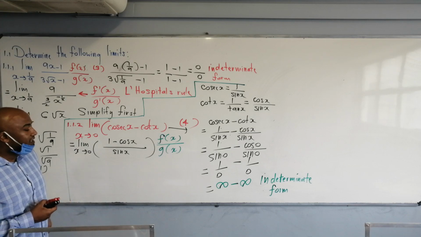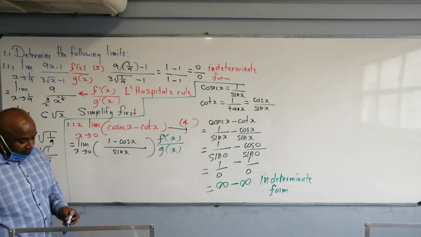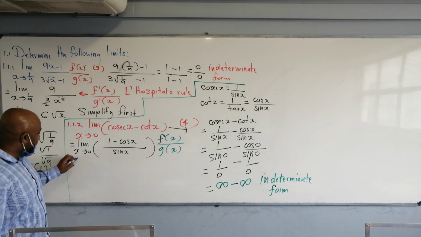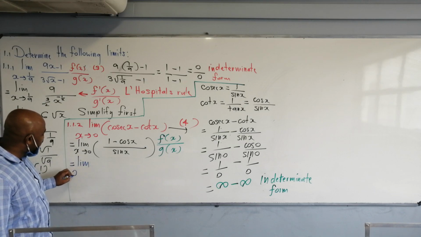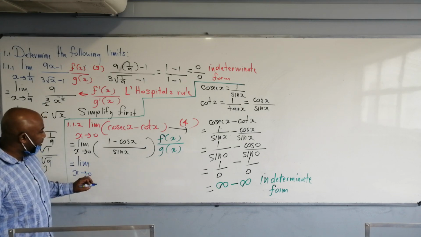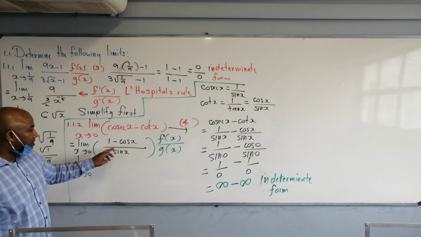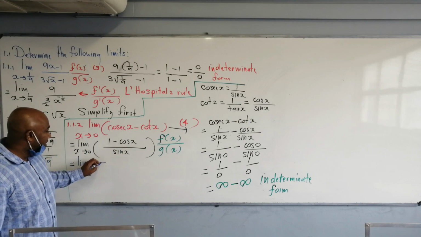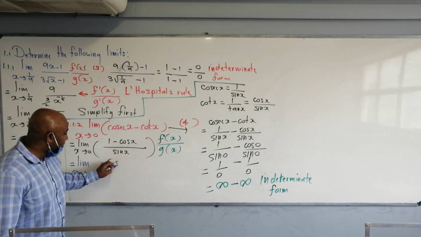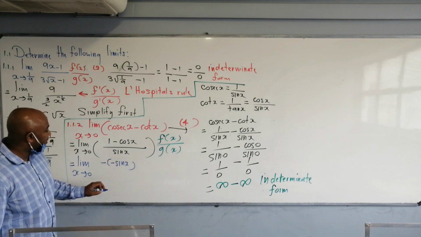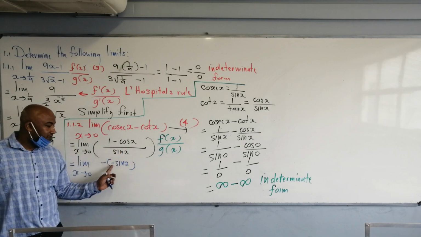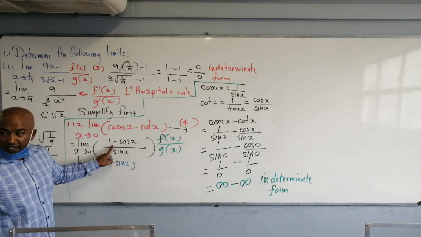Differentiate the numerator, differentiate the denominator. So this will be equal to the limit as x approaches 0, differentiate 1, that's 0, differentiate minus cos, that's minus sine. The derivative of cos is minus sine. There's already a negative here.